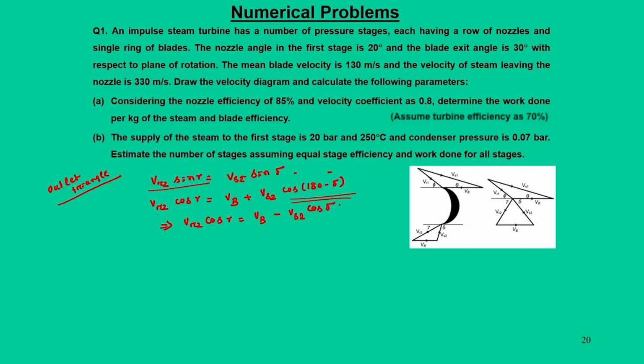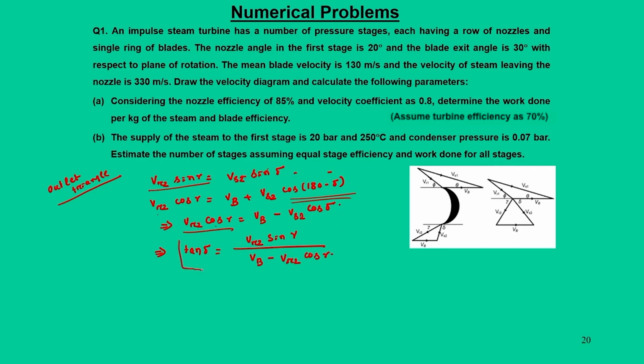So we have these two equations. When you take the ratio, tan delta is equal to Vr2 sin gamma divided by Vb minus Vr2 cos gamma.